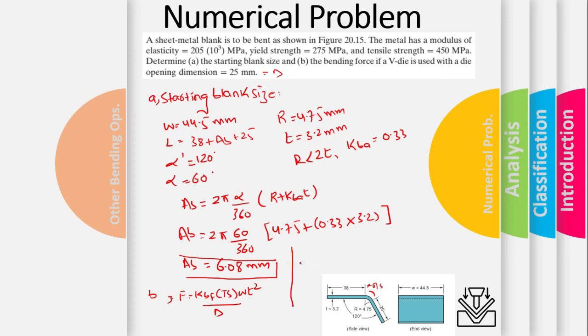So if you write it here, F equals to KBF, as we have a V die operation, so the KBF would be equal to 1.33 into the tensile strength, that is 450 megapascals, into the width, that is 44.5 into 3.2 square, whole divided by 2.5, that is as it is 25 millimeter, so that is 2.5.